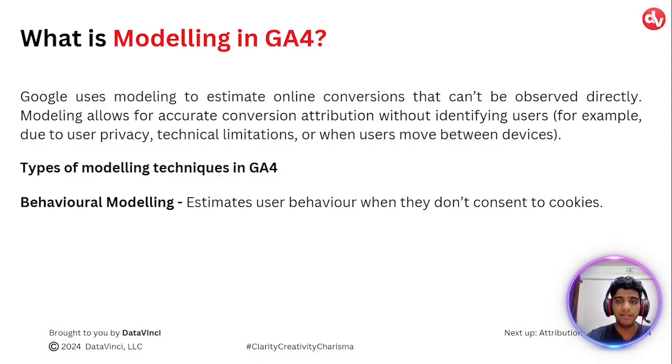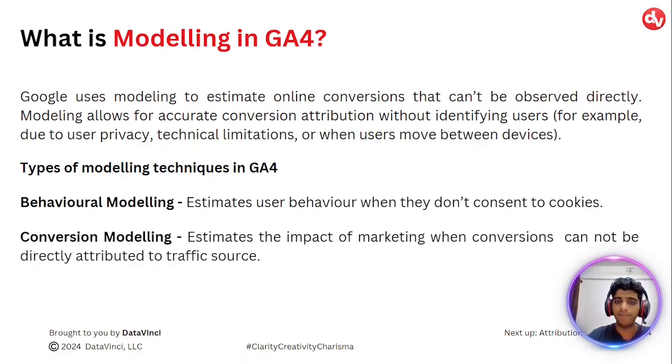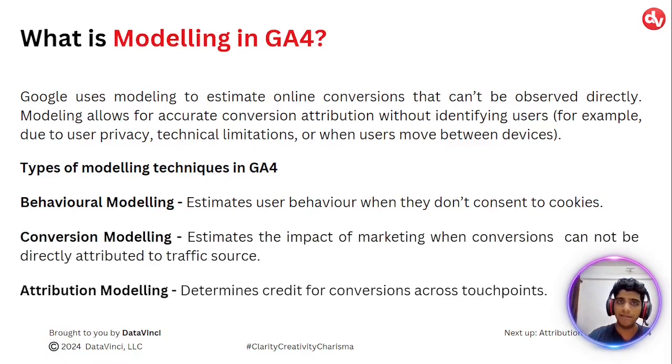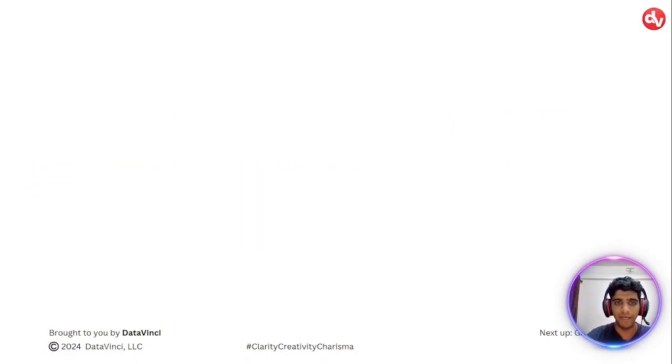This is when the user does not consent to cookies and GA4 uses cookie-less pings to estimate the user behavior. Conversion modeling. This estimates the impact of marketing when conversions cannot be directly attributed to the traffic source. And finally, attribution modeling. It is the determination of the credit of conversions across the touchpoints. So we'll be studying attribution modeling in GA4 today.